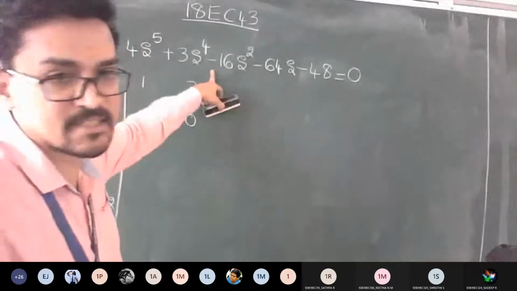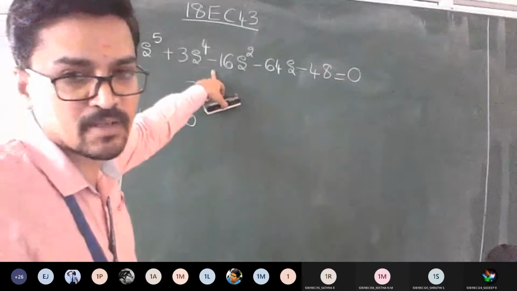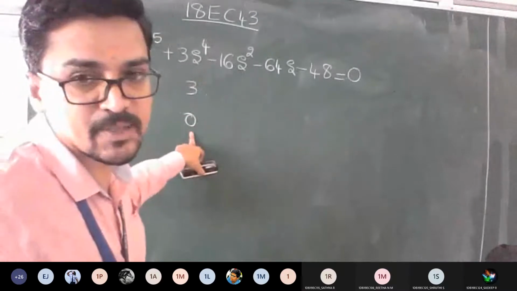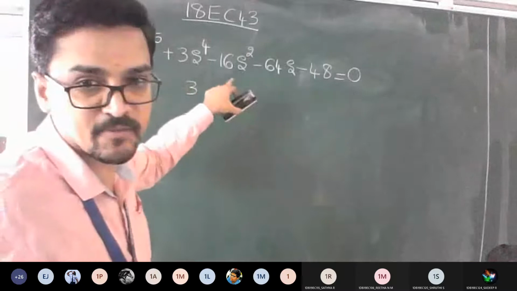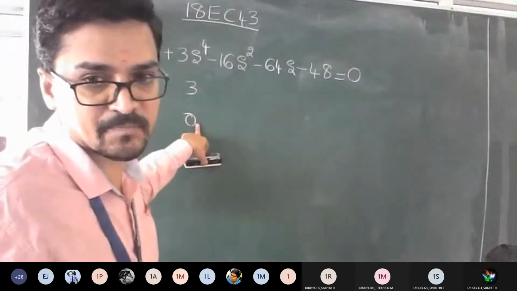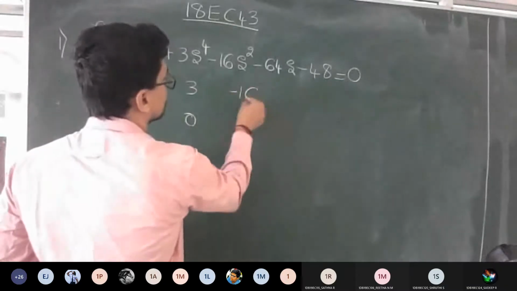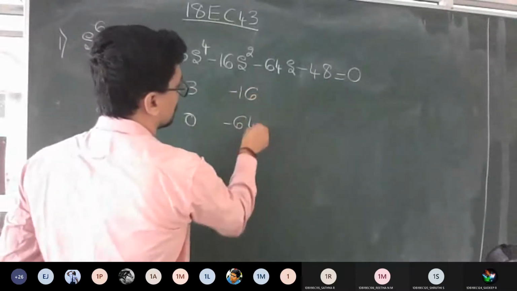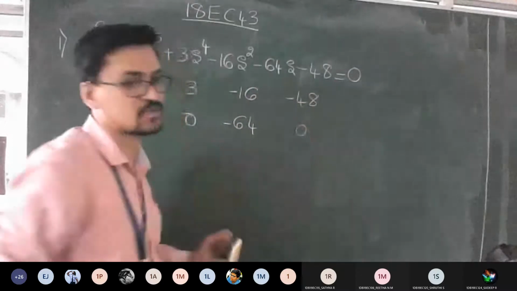But since it doesn't contain the cube term, you need to replace it with 0. So don't write minus 16 and minus 64 straight away as I wrote. Terms which are not there, retain as 0. Then again followed by minus 16, minus 64, minus 48. This term is not there, so it is equal to 0.